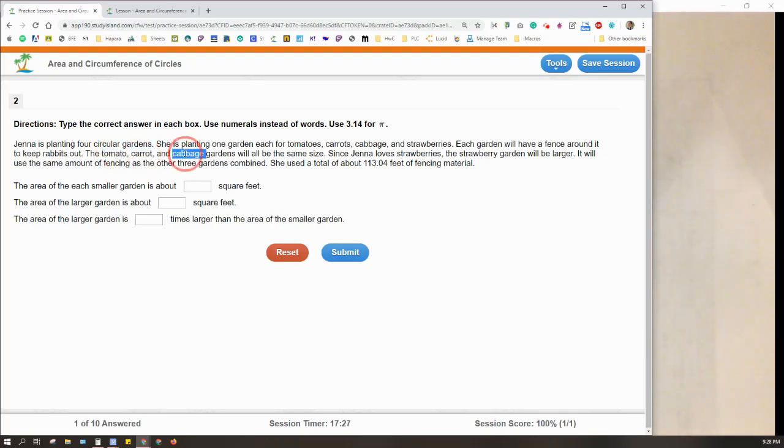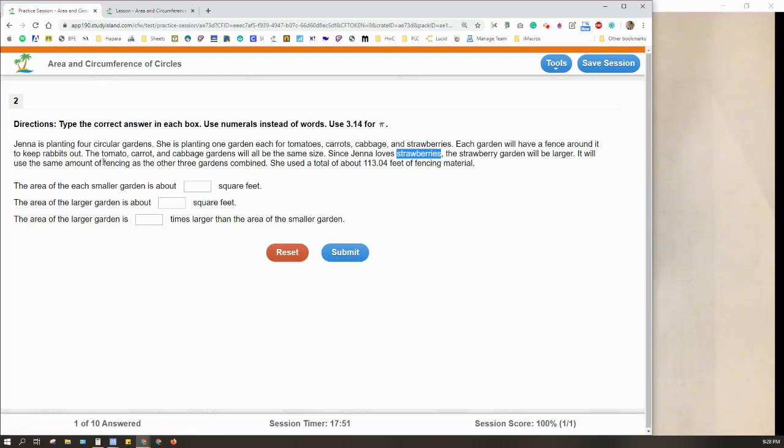The amount of fence is the circumference. Okay, the amount of fence that each of these circular gardens needs is the circumference of the circle. So these 3 circles, the tomato circle, the carrot circle, and the cabbage circle, are all going to have the same circumference because they're all the same size. But the strawberry circle is going to be bigger.